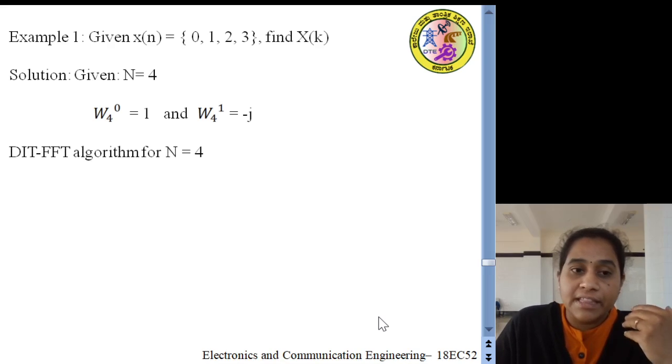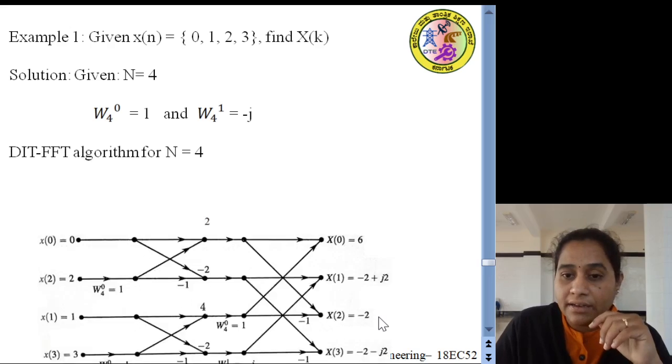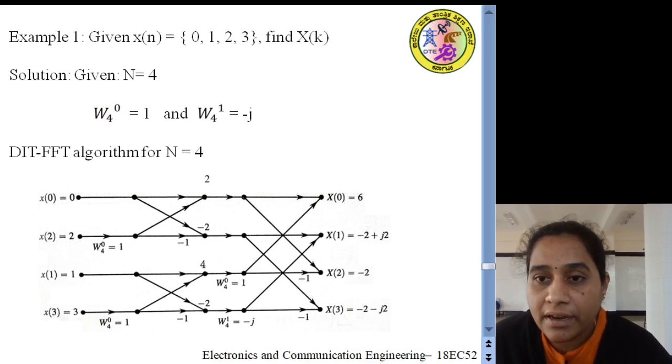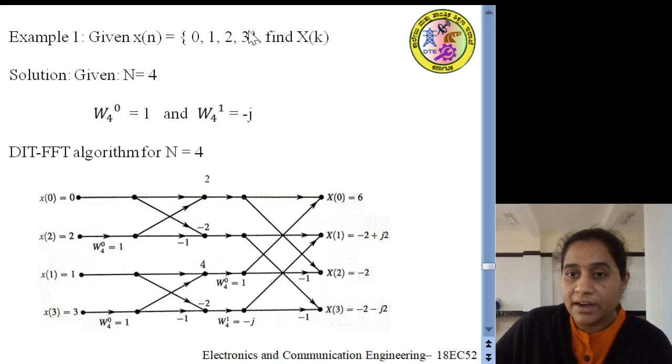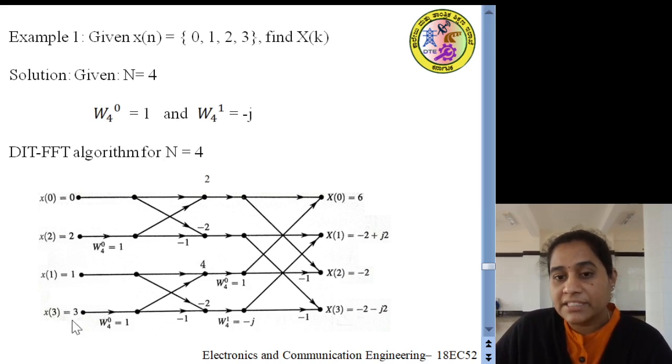The DIT FFT algorithm for n equal to 4 can be written as follows. We give the input in bit reversal order, not natural order: x of 0 is 0, x of 2 is 2, x of 1 is 1, x of 3 is 3. After the first stage, we obtain 2, minus 2, 4 and minus 2.